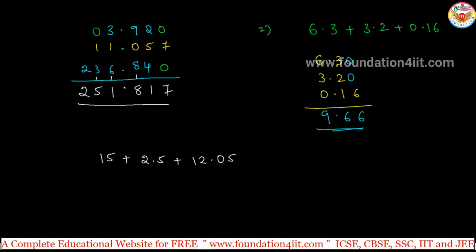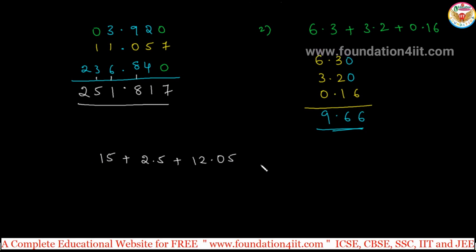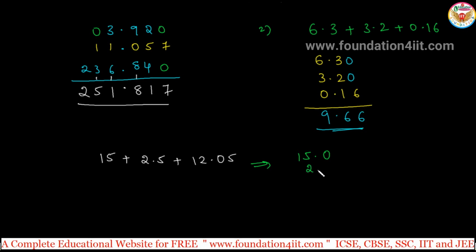When you want to add this, 15 is a whole number. You can also express this as a decimal number by just putting the decimal point after the last unit digit. So it may have any number of zeros. We can write 15.0. Next is 2.5. Next is 12.05.